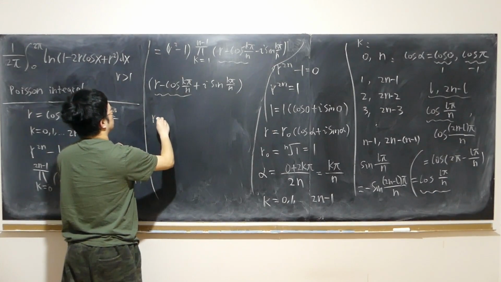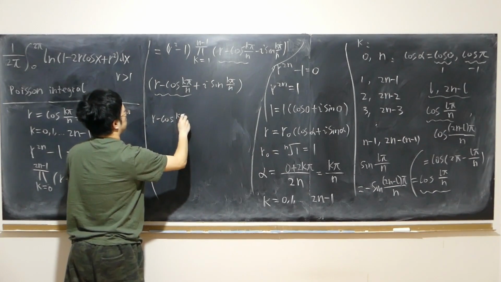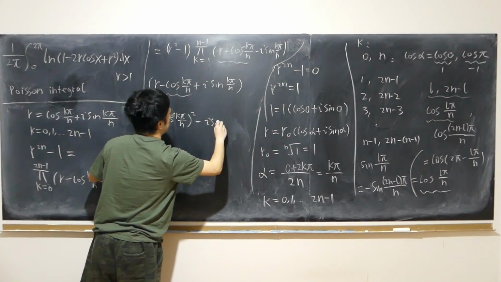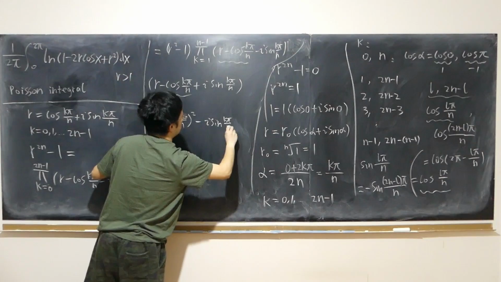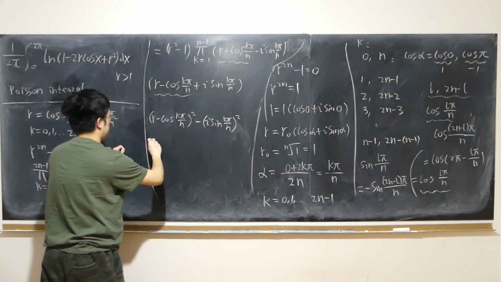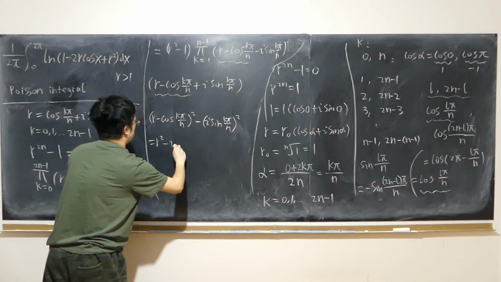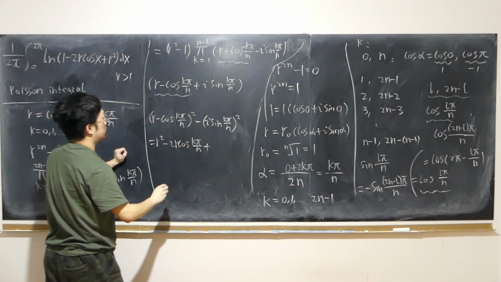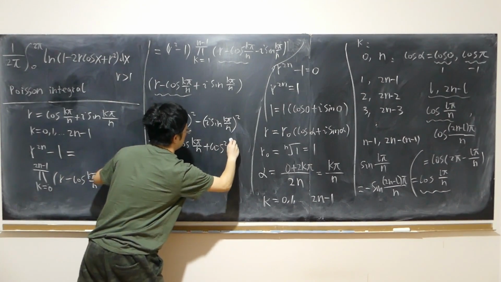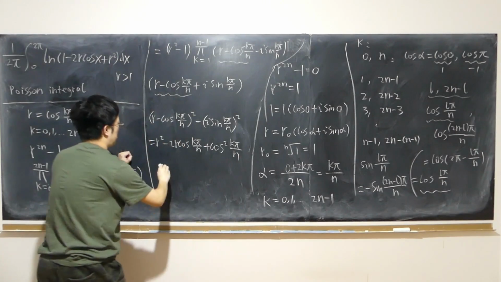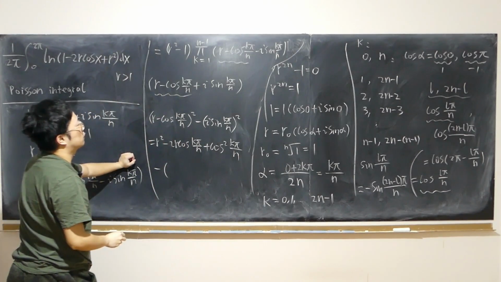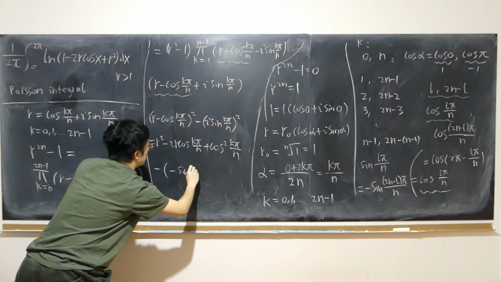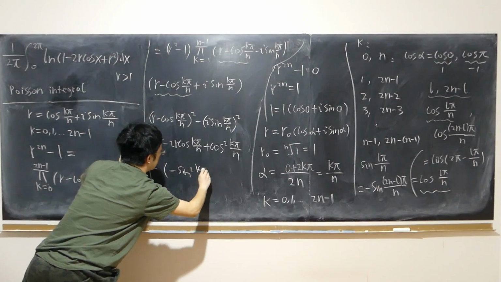So r minus cosine k pi over n, squared, minus I sine k pi over n, squared. R squared minus twice r cosine k pi over n plus cosine squared k pi over n, minus I squared, which is negative 1, negative sine squared k pi over n.